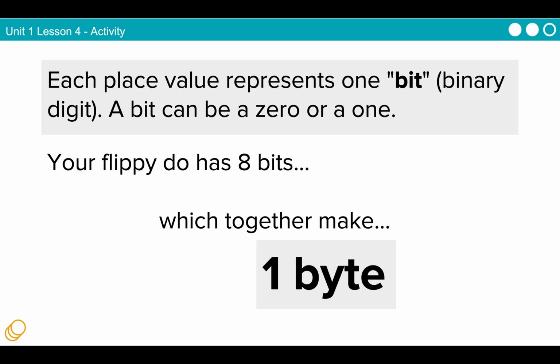Out there in the wild, there are computers that run in higher bits than 64: 128-bit, then 256-bit, 512-bit. But we're talking about mainframes that use those kinds of values. Our Flippy-Do supports 8 bits, which together make 1 byte. Just remember, 8 bits is 1 byte.